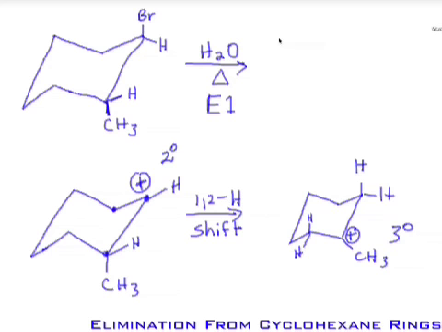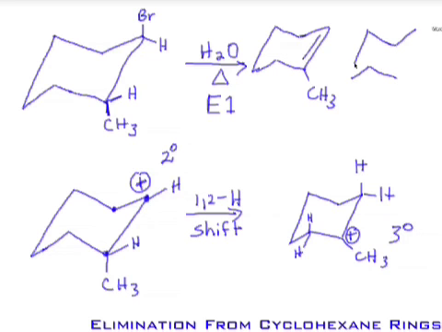So if, for example, I draw both possible alkenes, try to draw them, whether I draw it like this or I drew it like this, these two are the same.